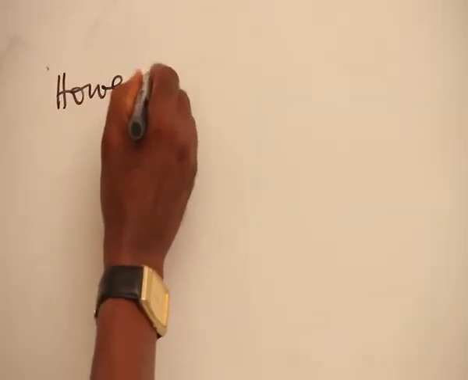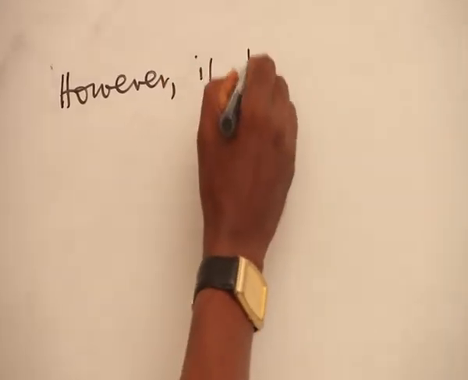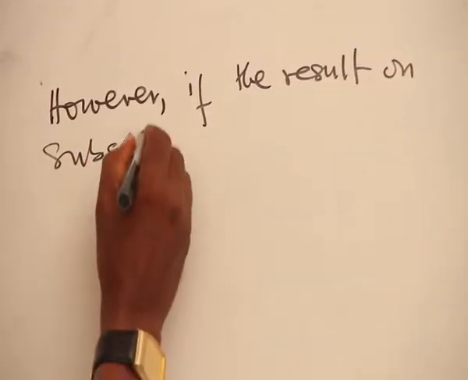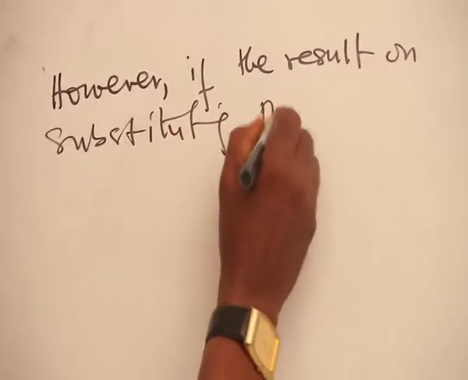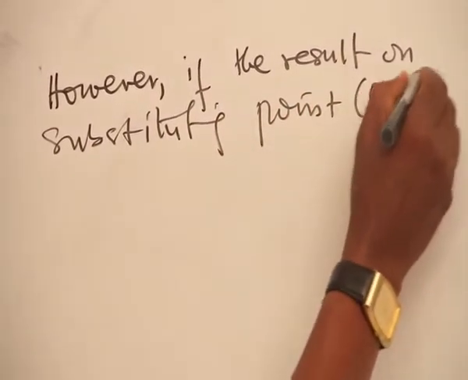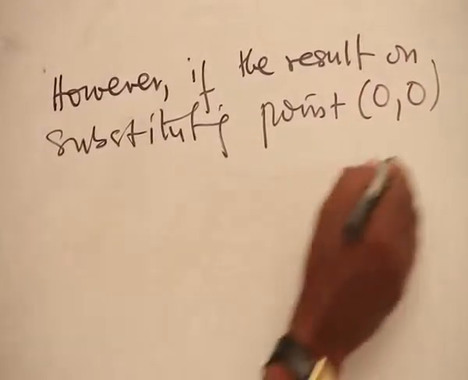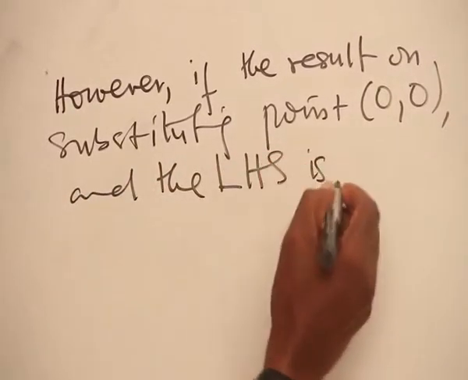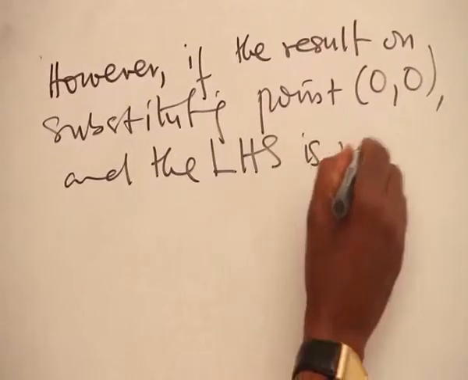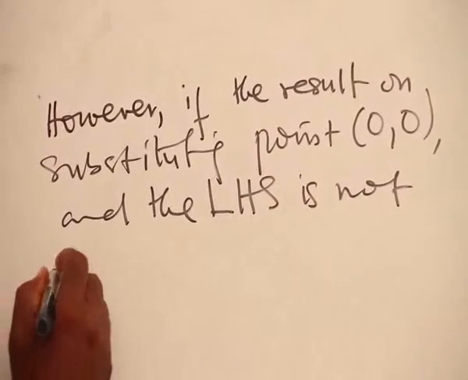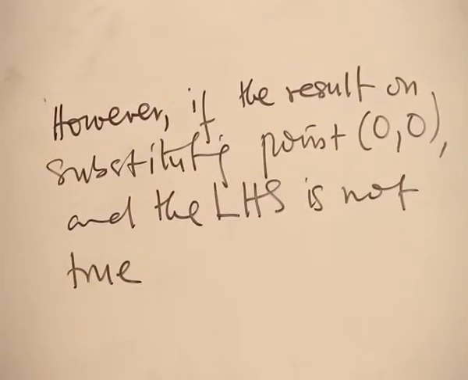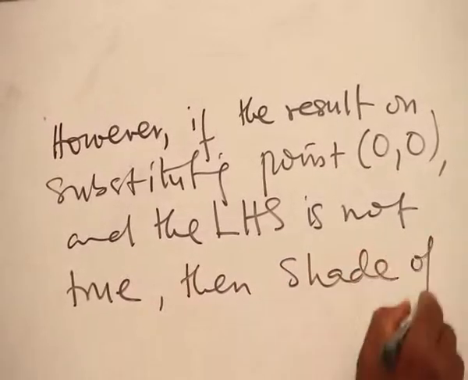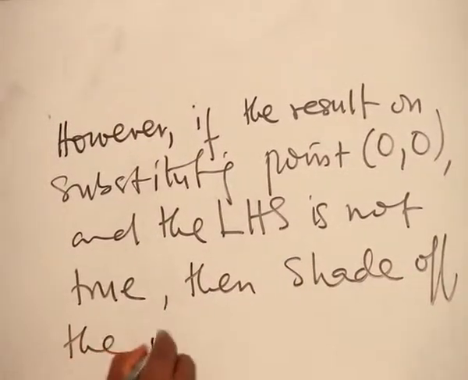However, if the result on substituting 0,0 and the left hand side is not true, then you shade off the other direction.